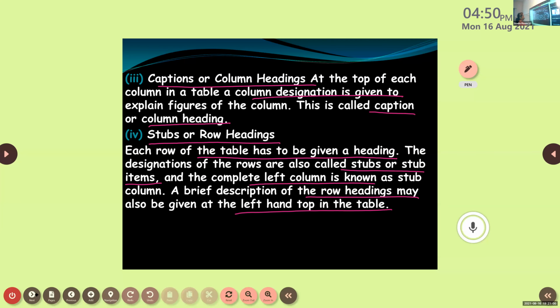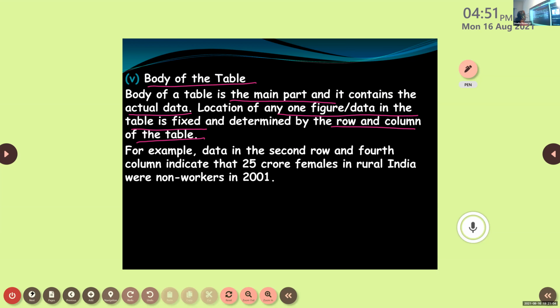That is what they are telling here related to the body of the table. The body of the table is the main part and it contains the actual data. When we see the row and column, we get that particular figure in the table, which is fixed.